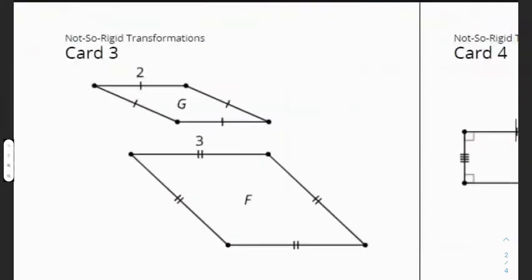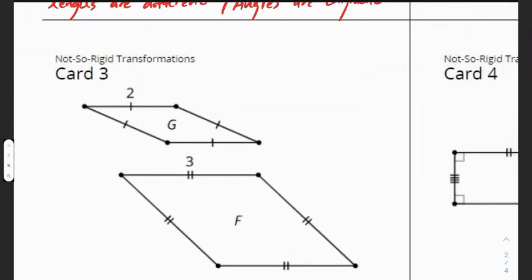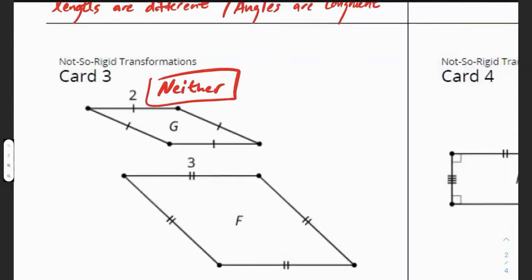What about card 3? What do you think? Pause the video, think about it. All right, hopefully you unpaused it and realized that these are neither congruent or similar. Why do I say that?